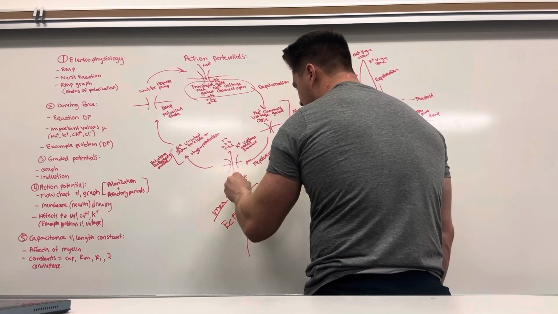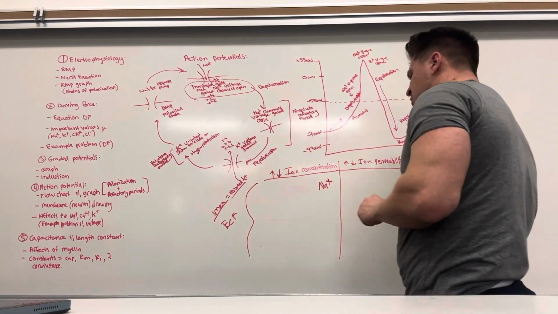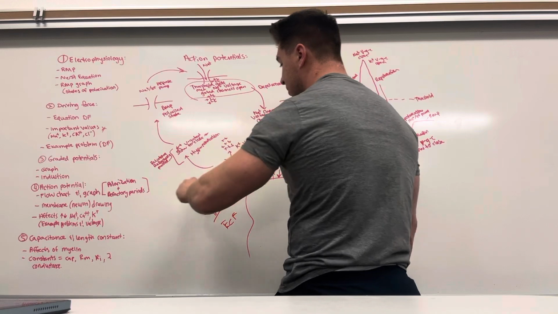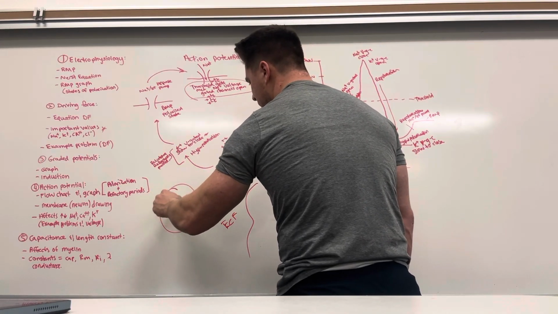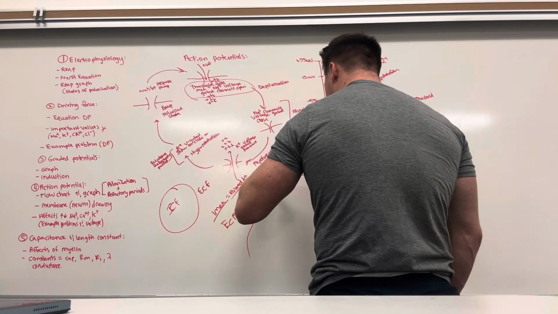This is a suffix that'll be added on to all these words we're going to use. So to describe an increase in sodium concentration in the ECF outside of the cell, this is the ICF, this would be our ECF, we would call that hypernatremia.